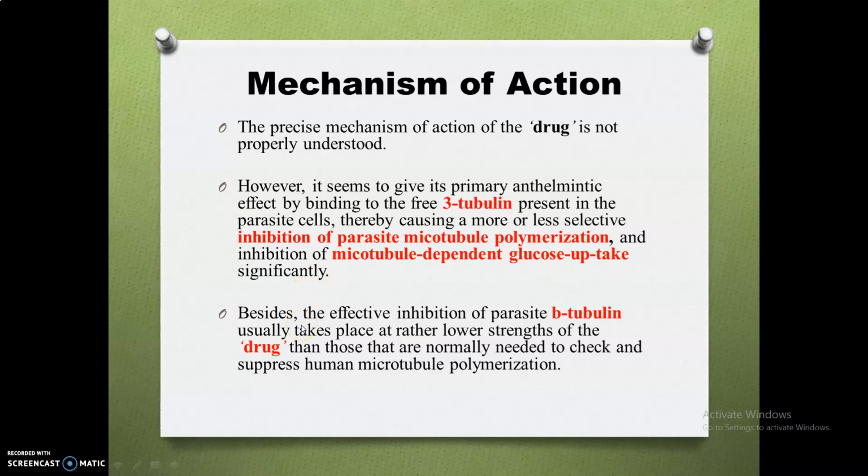Besides, the effective inhibition of parasite beta tubulin usually takes place at rather lower strengths of the drug than those that are normally needed to suppress human microtubule polymerization.